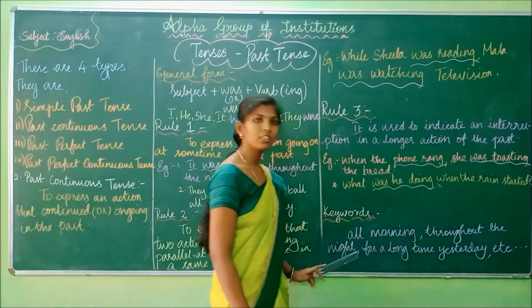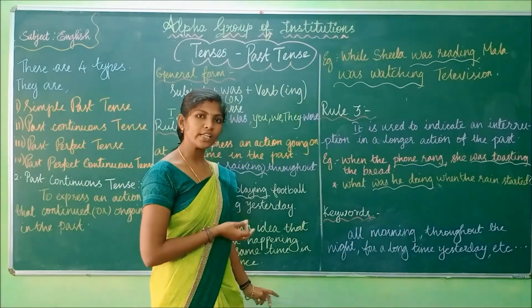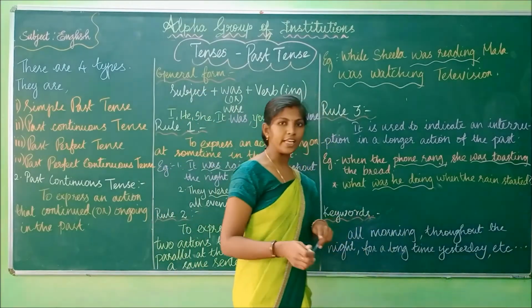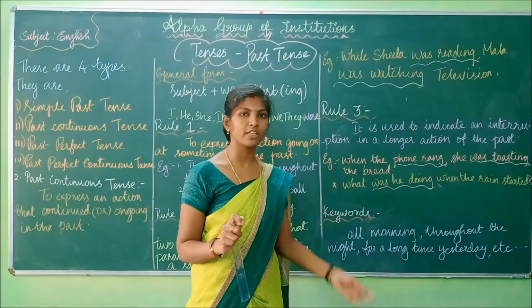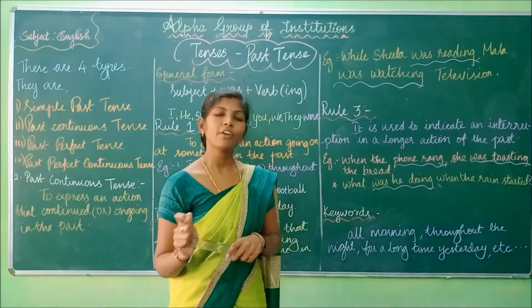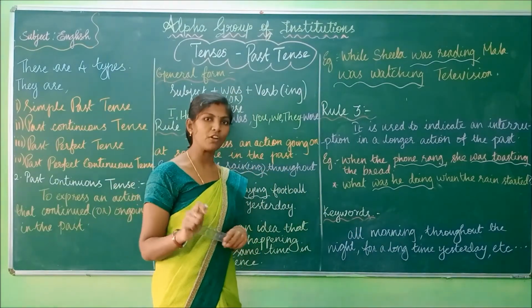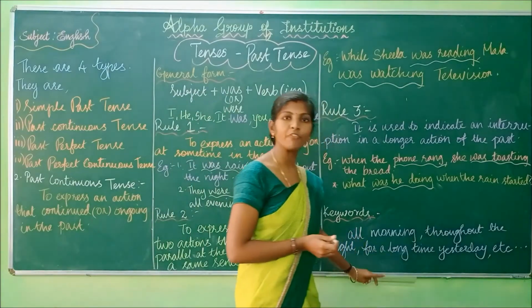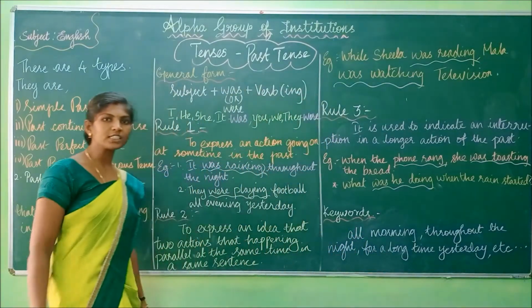Throughout the night, throughout the day. For a long time yesterday, for a long time last week, last month, last year. All these are the keywords with which we can find past continuous tense sentences.